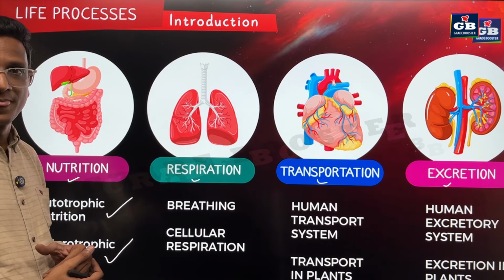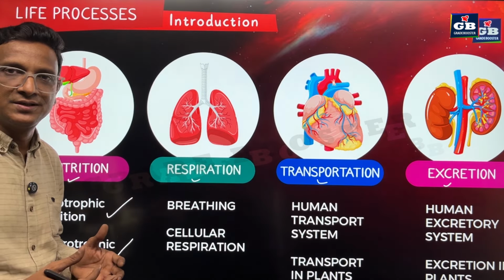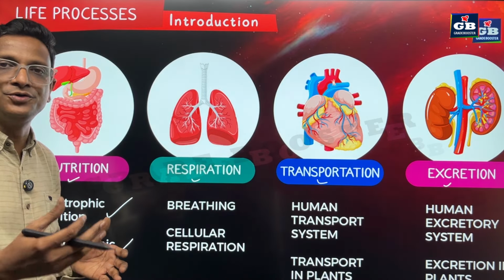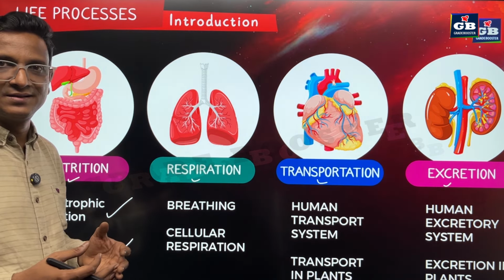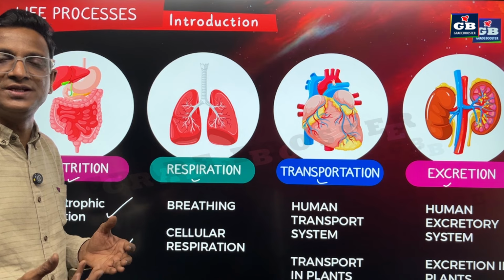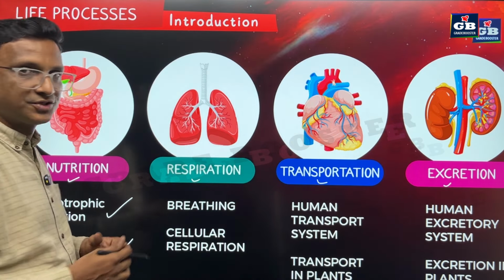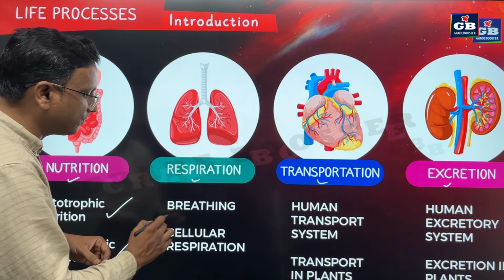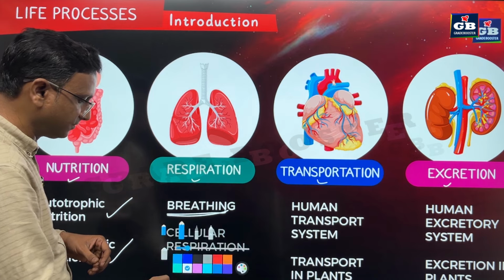And respiration. This life process is all about how the energy is produced in the bodies of organisms. Whether it is plants or animals, energy should be produced in their bodies to keep their cells alive. That process is called respiration. It includes breathing and cellular respiration.